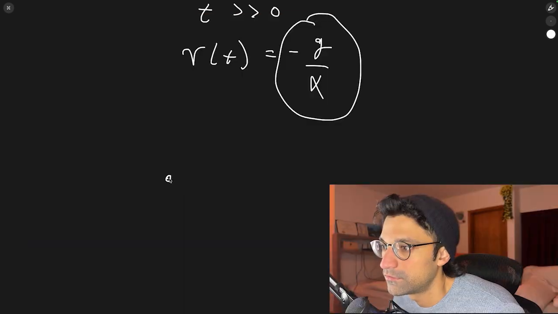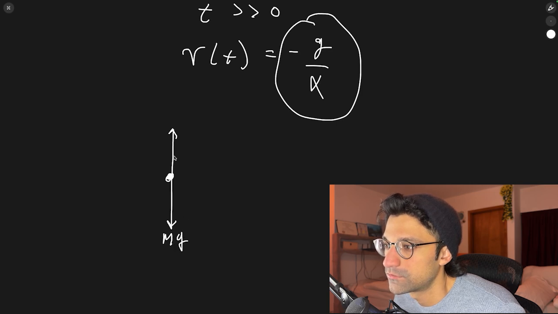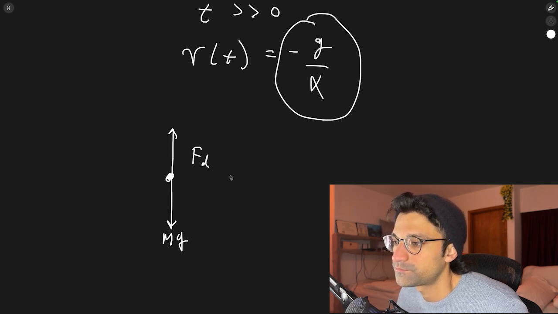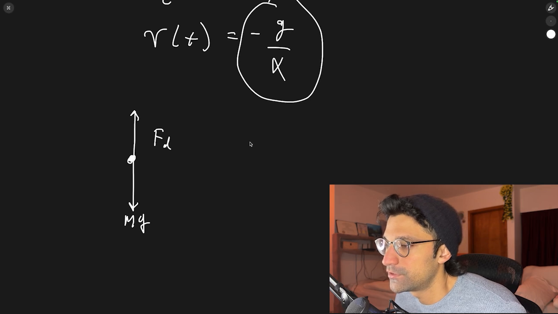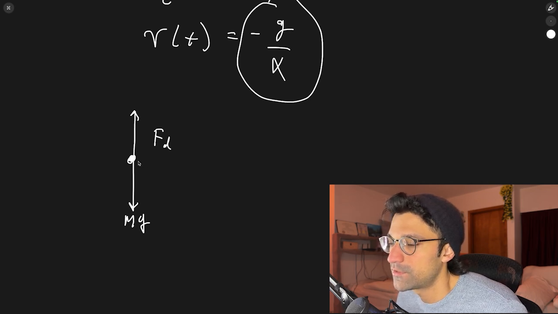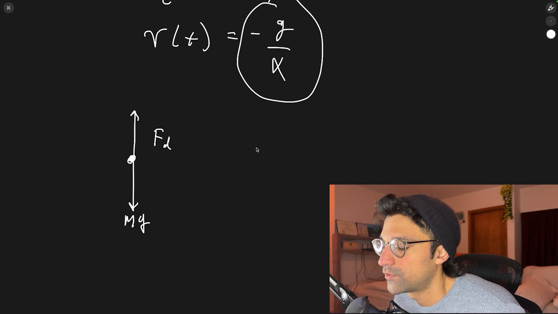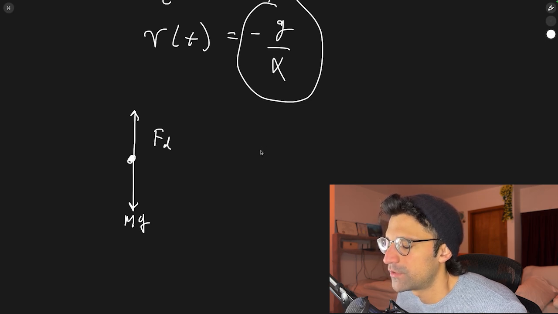What happens eventually is that the gravitational force balances out with the drag force, right? So in other words, the net force, so the acceleration becomes 0, the velocity becomes constant, it becomes this terminal velocity.